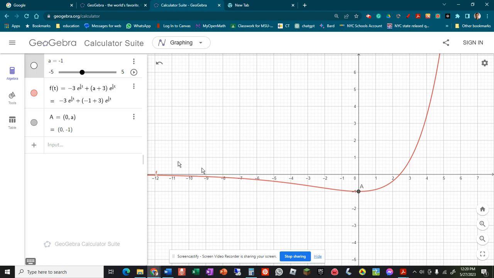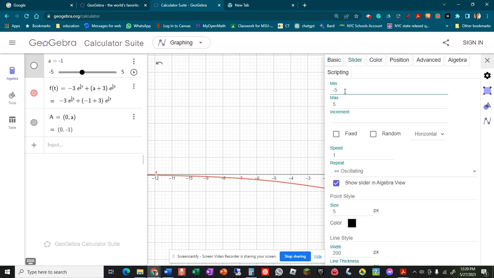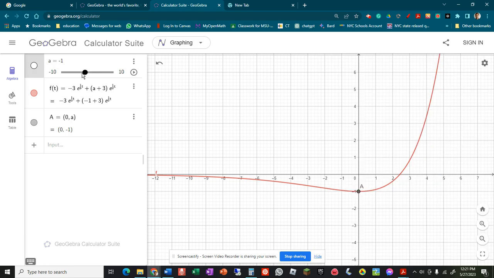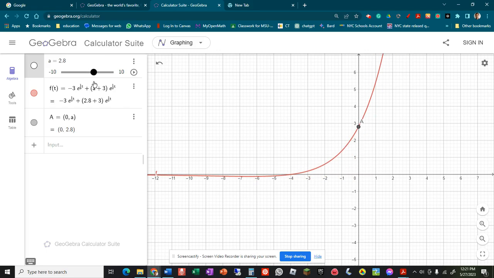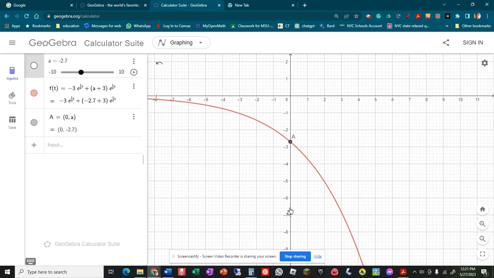Okay, so I'm going to change the range for our slider to -10 to 10 to get a better picture. Good. Now let's see what happens if I slide. Let's do the negative side. Something is going on here.